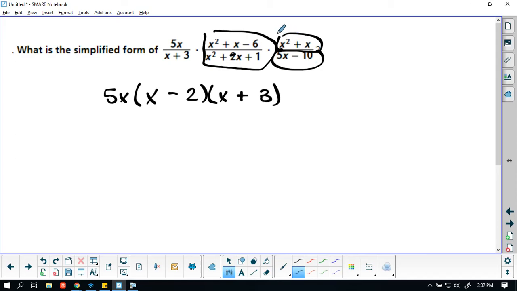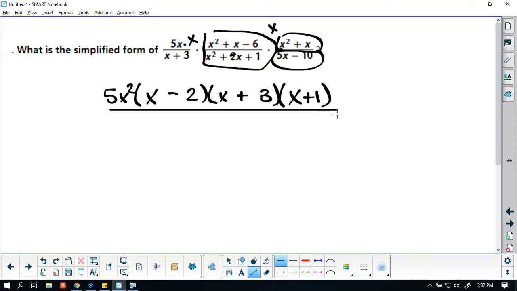Then this one has an x I can pull out, the greatest common factor of an x. I already have an x in the front, so we're going to multiply that x to that x. So we get x squared there, and this one is x plus 1. So again, I just moved the greatest common factor that I pulled out to the front, multiplied it to this x to get this factor here.